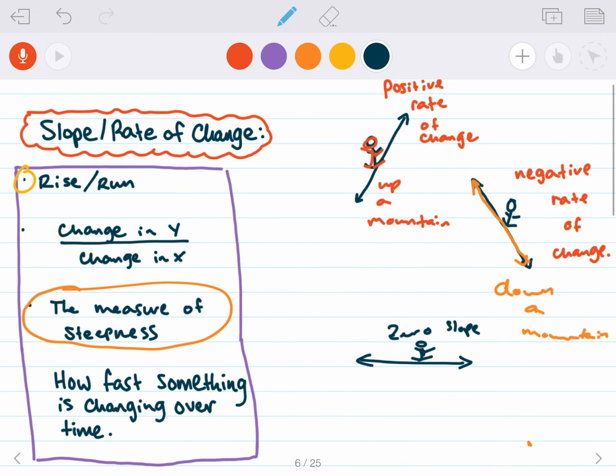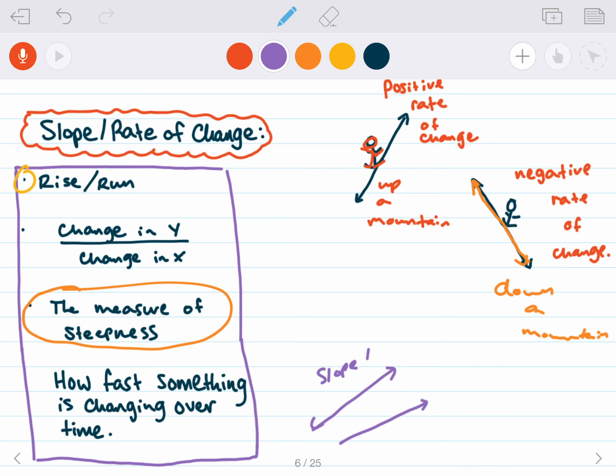So slope measures the steepness. So if we have 2 positive slopes, if we have a slope like this, so this is slope 1, mountain 1, and I have a slope like this. So this is slope 2. So the question is, which of these is steeper?